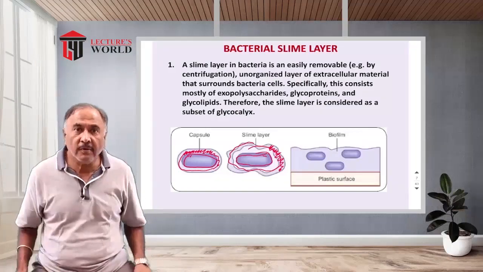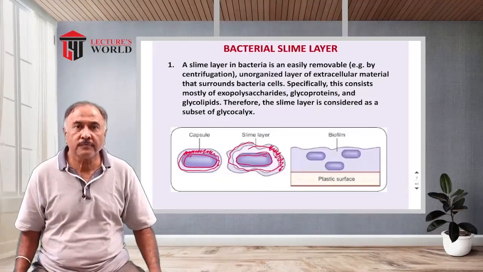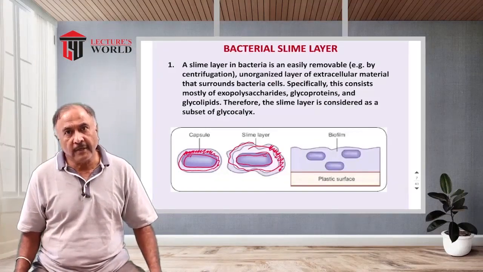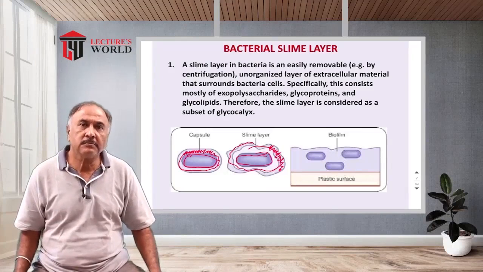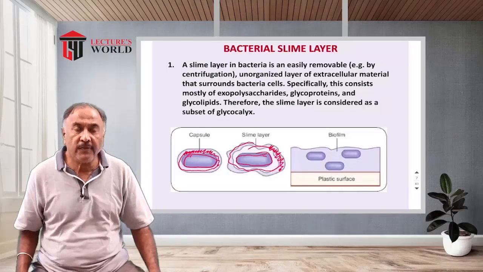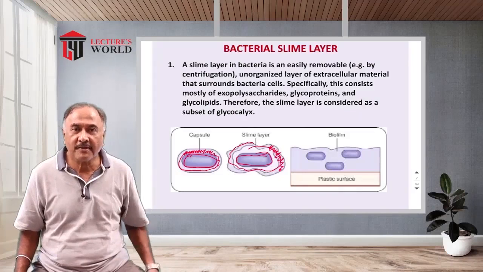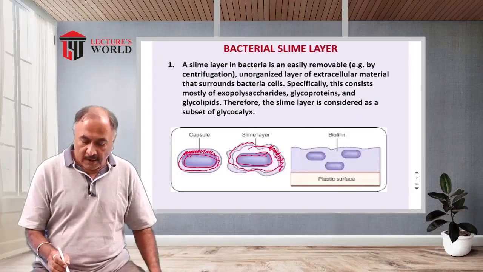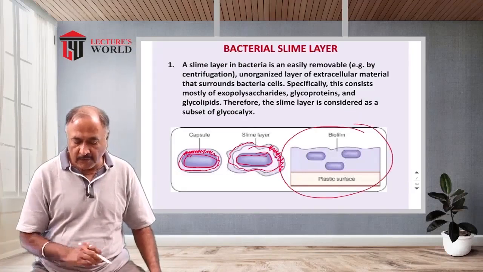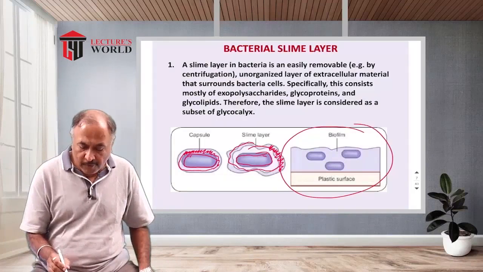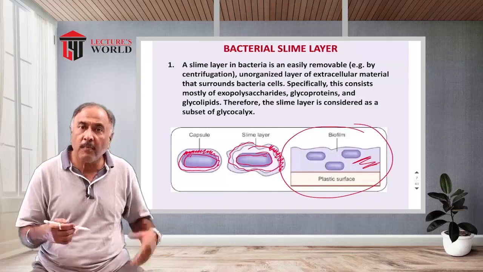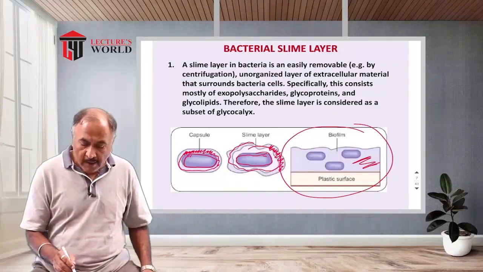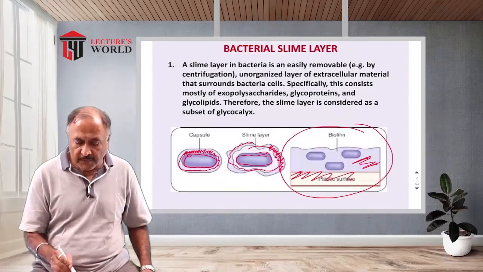As I have told you, they form films on our teeth also. Capsulated bacteria form a biofilm on our teeth, and that is why we have to regularly brush our teeth. Here in this diagram, you can see the formation of a biofilm. This is the biofilm in which the cells are there, not one, many, and this is a plastic surface.